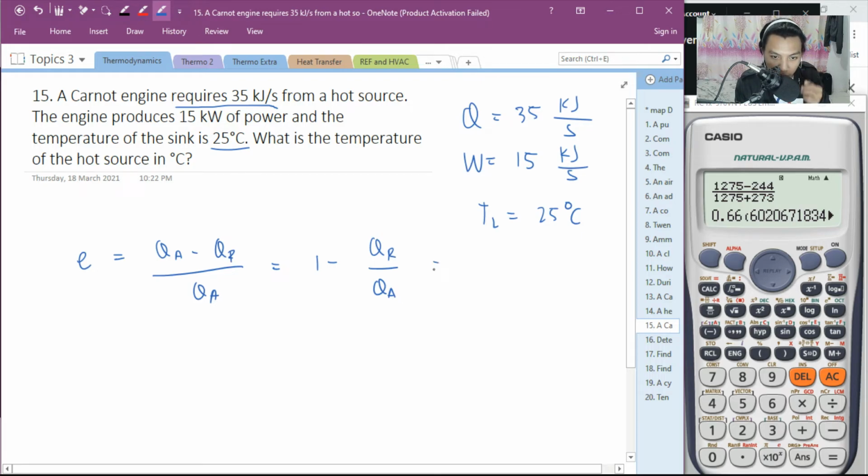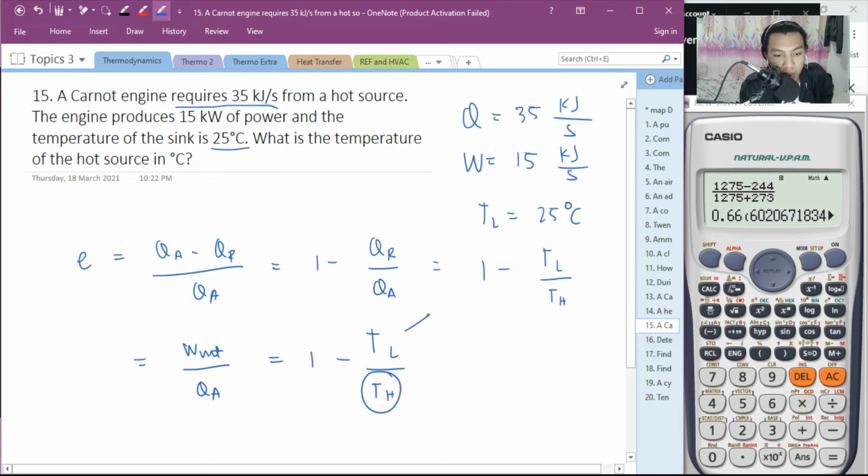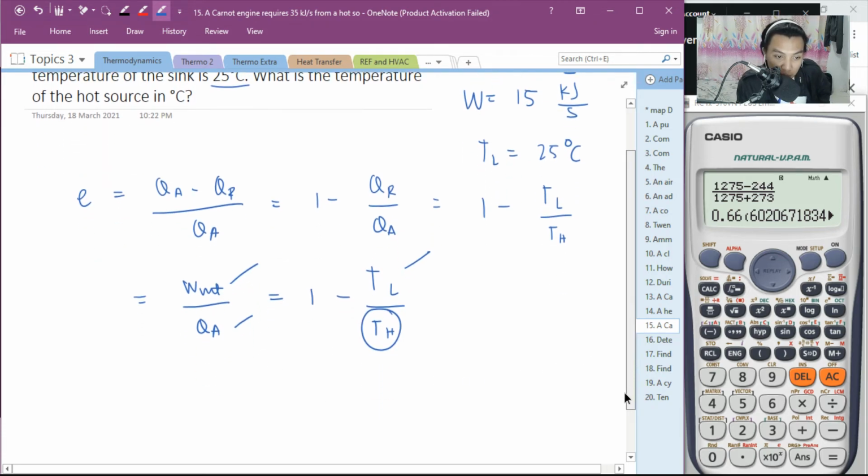Pero pwede rin tong 1 minus TL over TH. Ayan. O, tignan nyo. E is equal to work net over QA. Equal mo dito 1 minus TL over TH. Ang hinahanap mo is hot source. Meron kang TL, meron kang QA, meron kang work net. Okay? By algebra, padaliin natin.